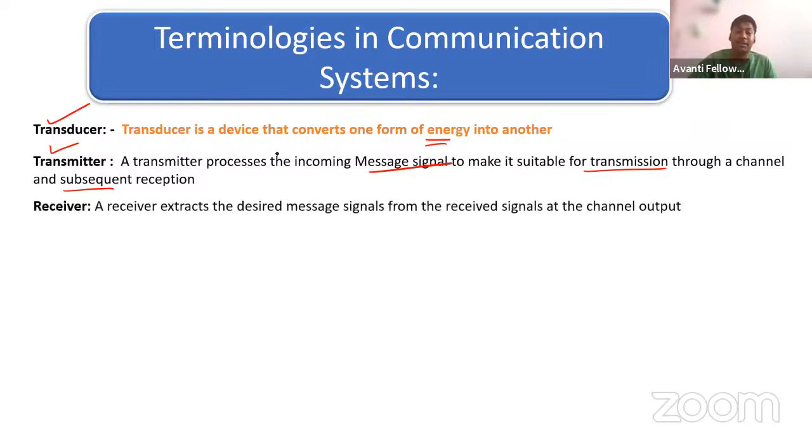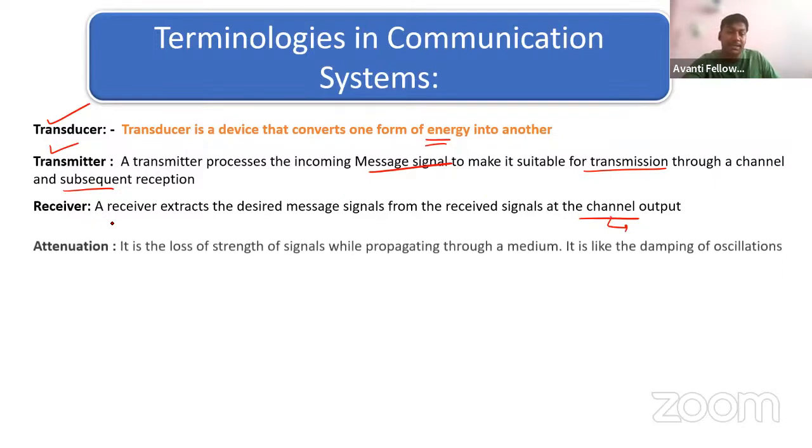Next, the receiver receives the signal, which is the channel's output. The transmitter sends the signal through the channel, and after the channel it gives us output, and that output is received by the receiver.